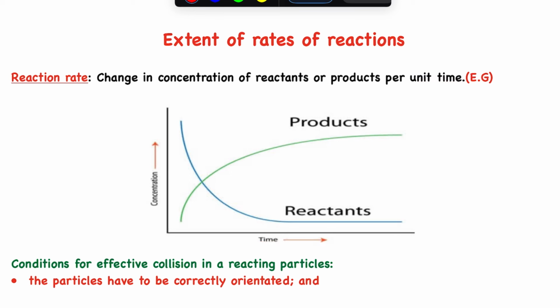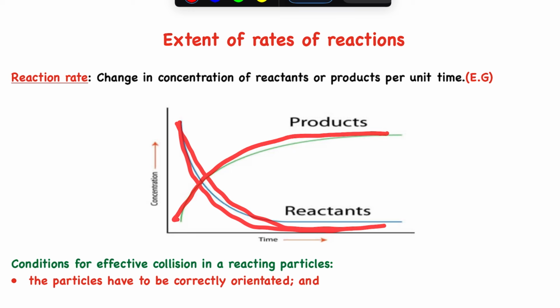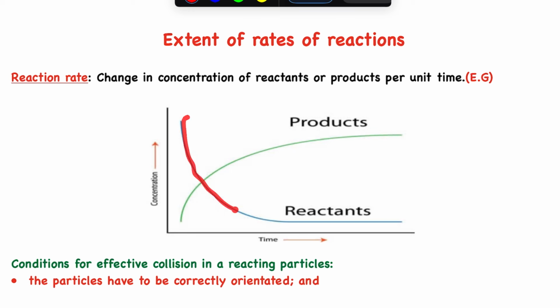So it has to do with time, as the reactant decreases and the product increases. Reactants are decreasing in mass, in number of moles, and concentration, and also the products are increasing.